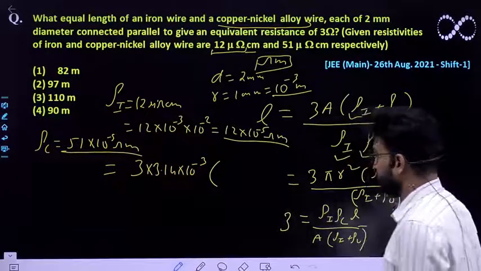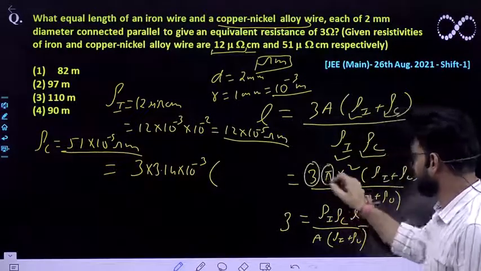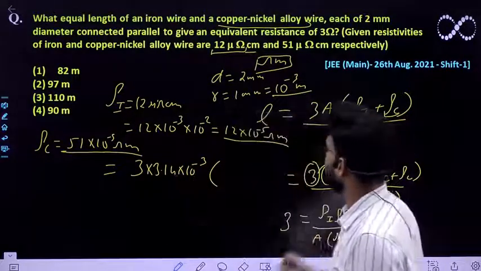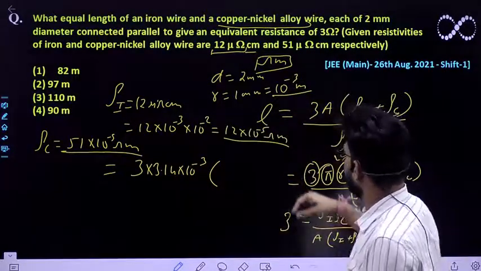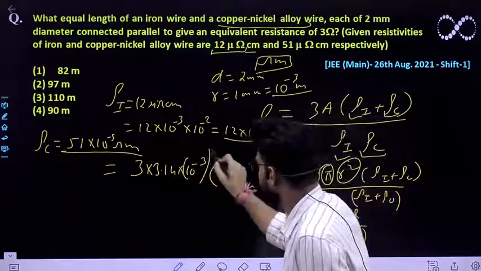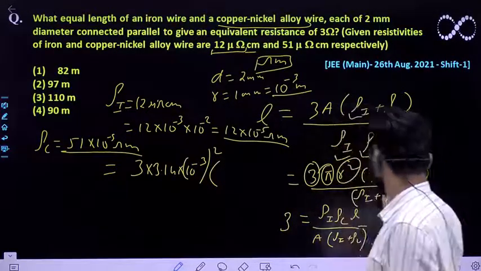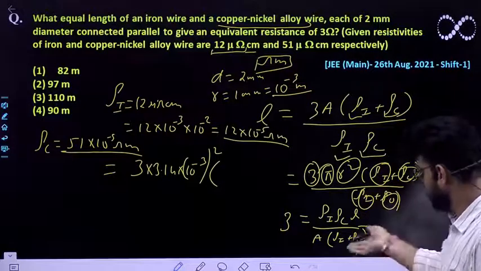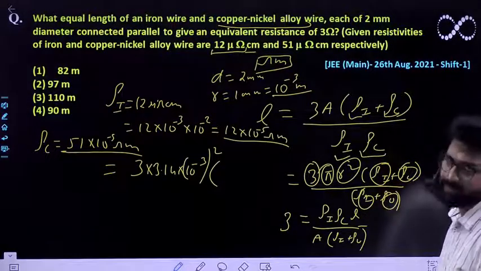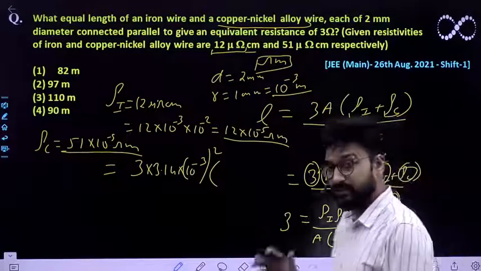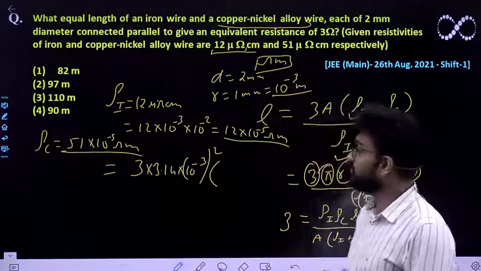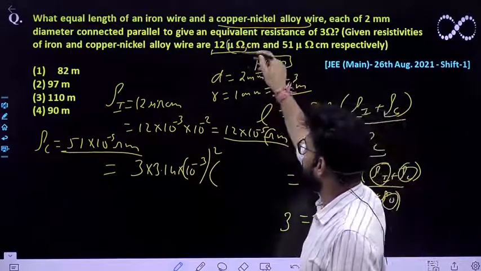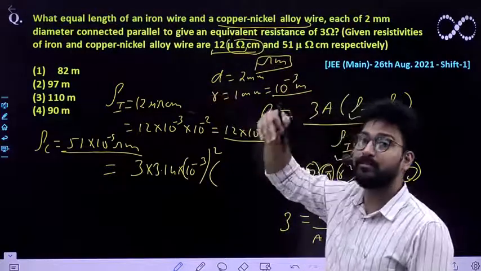Now you have to put the values, remembering the radius is whole squared, 10 raised to the power minus 3 whole square, along with these readings. You can easily put the values and get the answer. But remember one thing: first of all you have to convert micro ohm centimeter into ohm meter.